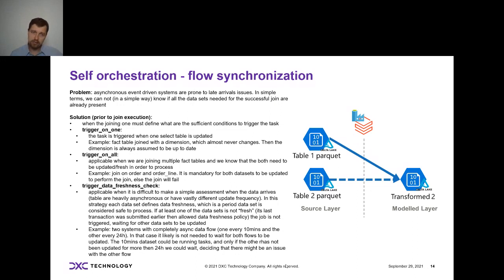And if you have that, then if the stream proceeds forward, you'll be able to keep joining all the time until the data set is considered too old, and then you stop processing. And that is desired behavior.